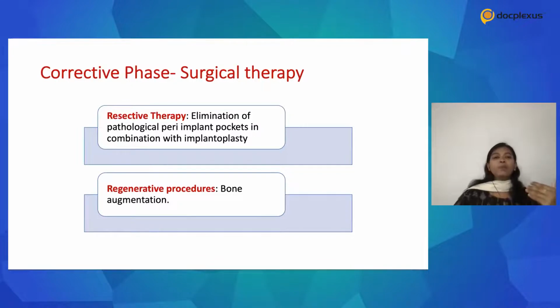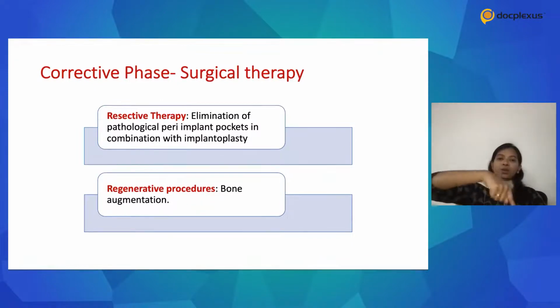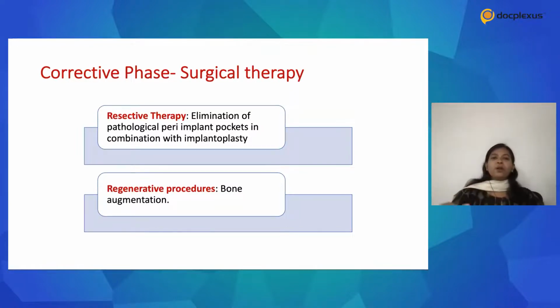Resective therapy will help you to eliminate the pathological peri-implant pocket. This resective therapy is mostly an implantoplasty type of therapy, where you fine polish the suprastructural implant surfaces. So that will help you to have a clean field around the implant. When the polished surface of the implant is present, formation of plaque biofilm on the implant will be very much lesser.